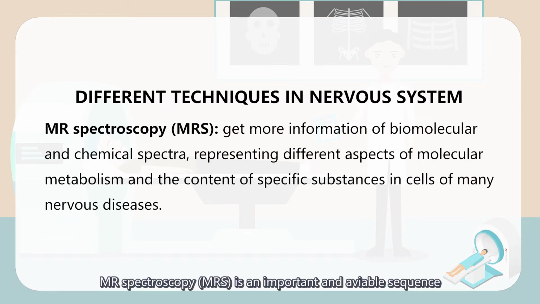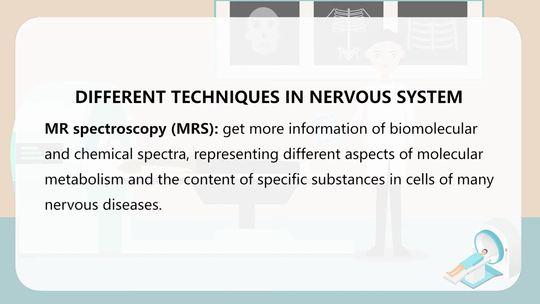MRS is an important and available sequence to get more information about molecular and chemical profiles that represent different aspects of the molecular metabolic process and the amount of specific substances in cells of many nervous diseases.